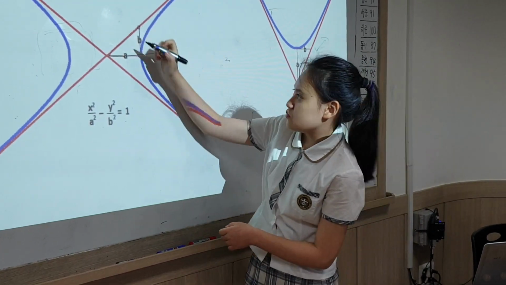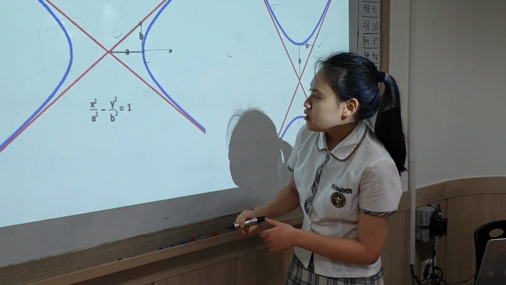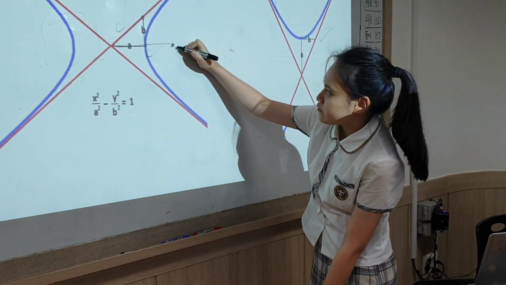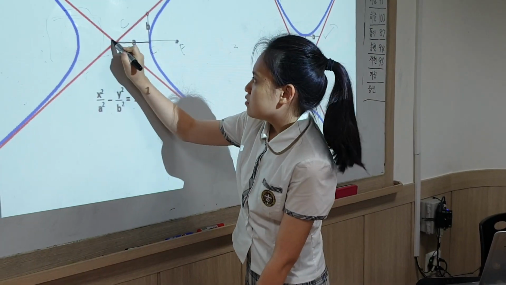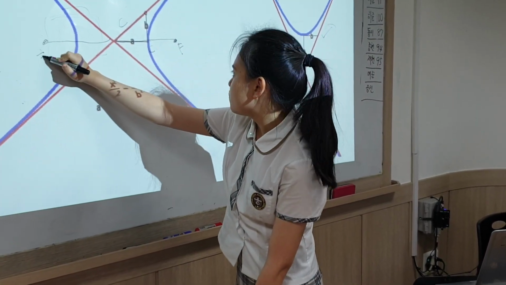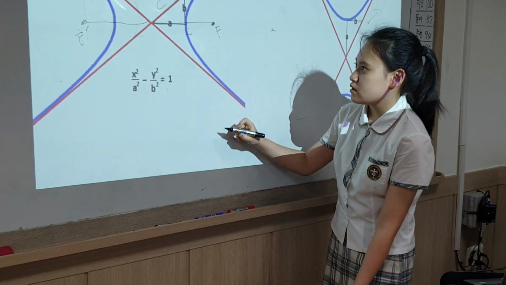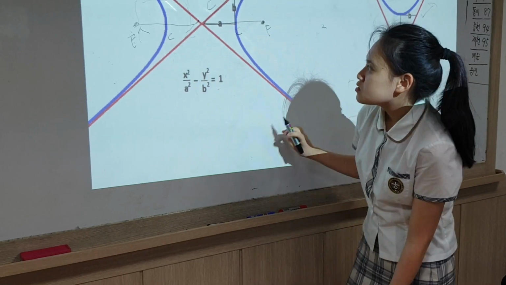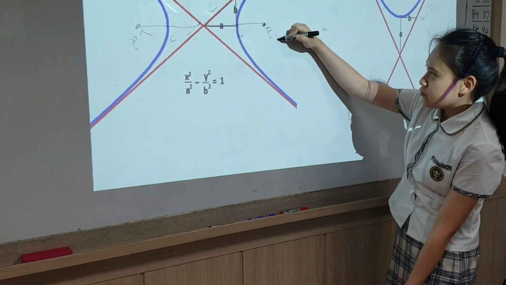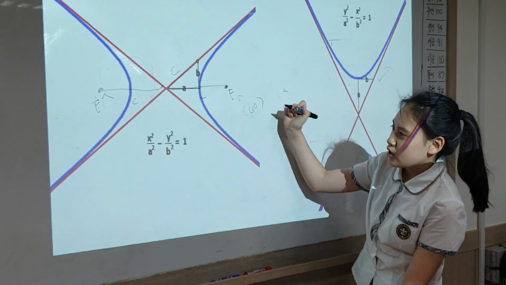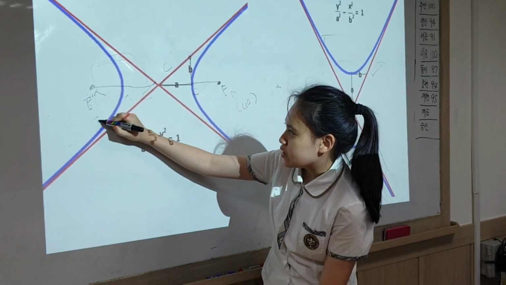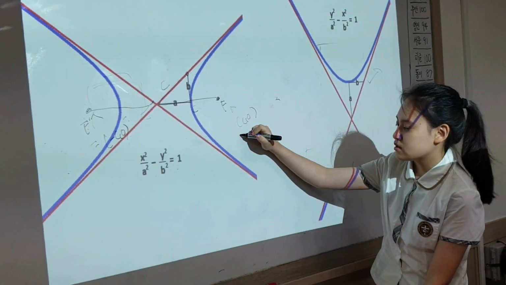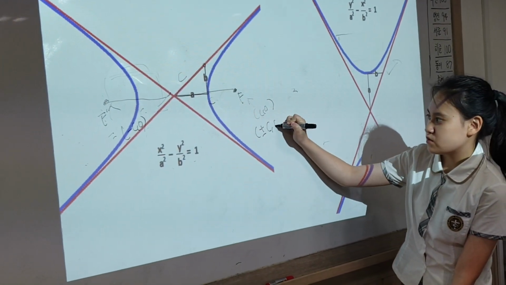So if you say this is C, and this point is F and this point is F prime, we can say that since this is symmetric, this will be C as well. So we can say that the point F will be C, 0, and point F prime will be minus C, 0. So in short, the foci are plus minus C, 0.